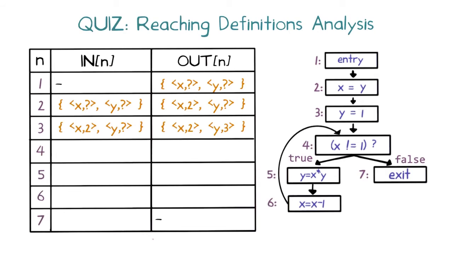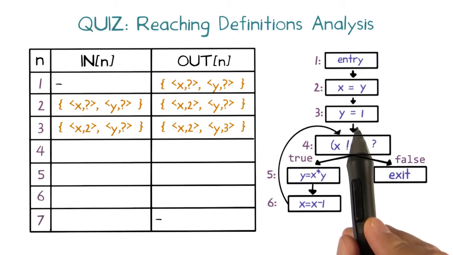Fill in the blank entries in the table with the final values of the corresponding in and out sets computed by the chaotic iteration algorithm for reaching definitions analysis. Keep in mind the 2 operations that the algorithm applies to each node. The first operation states that the in set of a node is the union of the out sets of its immediate predecessor nodes.